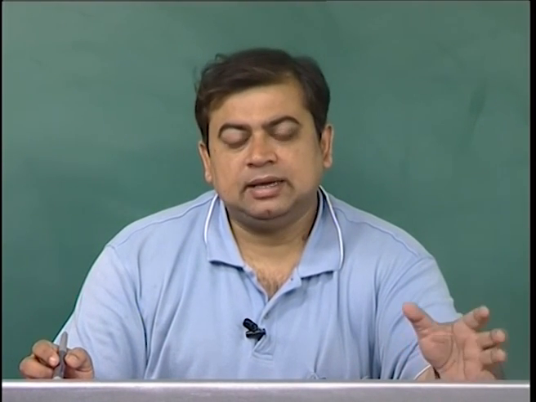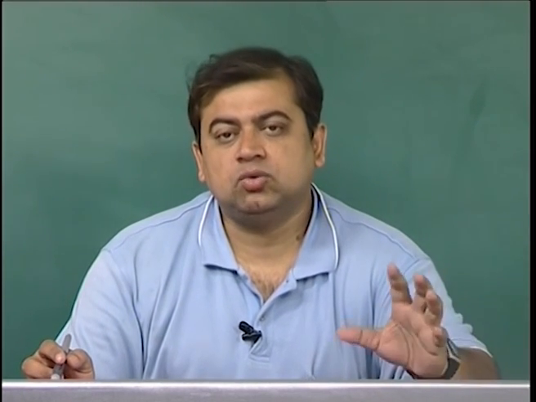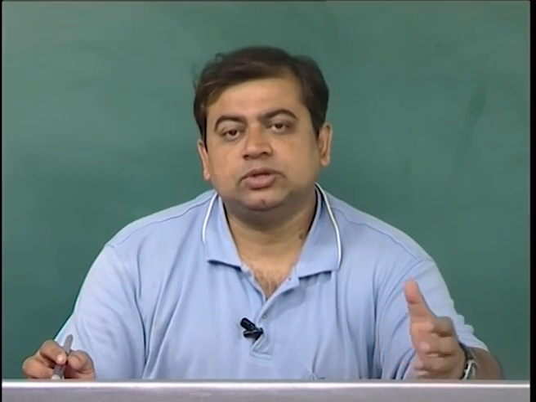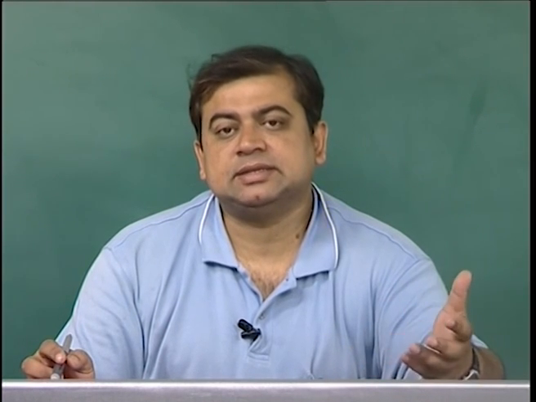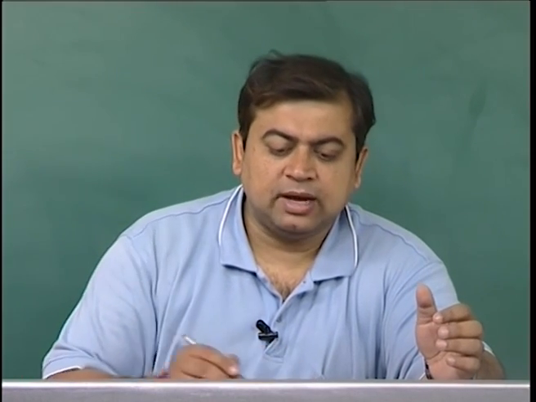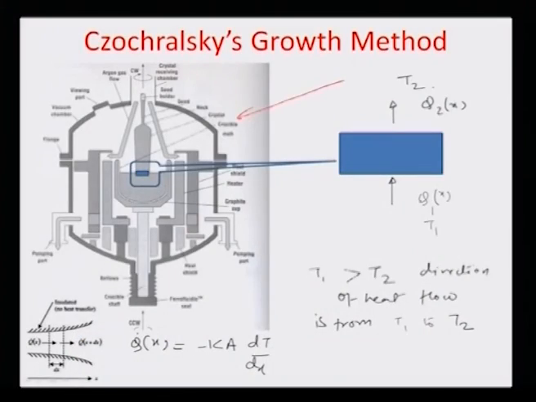Now let us do some mathematical modeling for this process, which can give us an idea of how the liquid to solid conversion can take place in terms of latent heat of solidification, okay, and we can just do a simple one dimensional heat flow analogy to understand the situation. So, let us say you have a crucible here in this particular example, and we are considering this particular zone here, which is also called the zone of fusion.